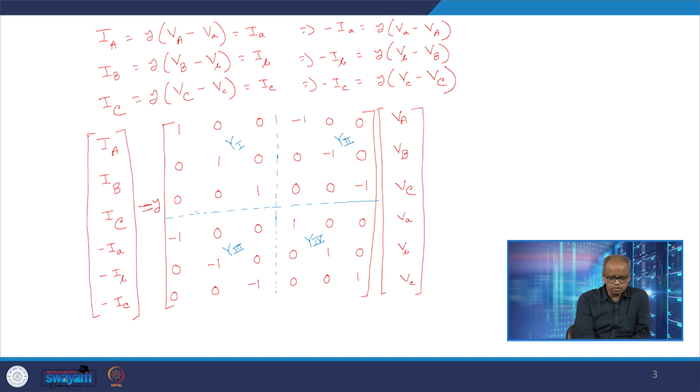So matrix y1 is y into identity matrix, matrix y2 is y into minus of identity matrix, matrix y3 is y into minus of identity matrix, and y4 is y into identity matrix. So this is a very simple one, and that's how we find it out.